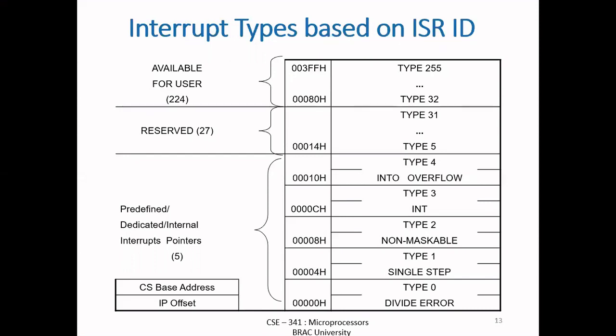So type 5 to type 31, these 27 interrupts, are reserved for those complex microprocessors. In a later chapter, we will describe those microprocessors also. And the upper 224 interrupt types, from type 32 to type 255, the last one, are available for the user to use for hardware or software interrupts as we require. Okay.